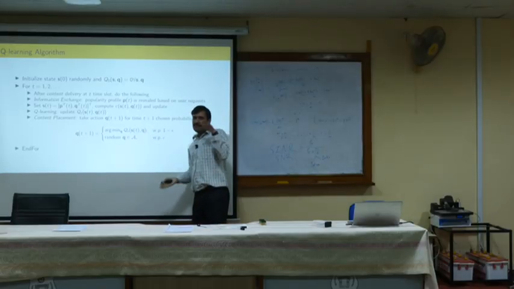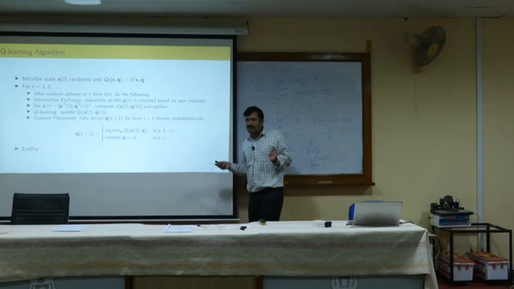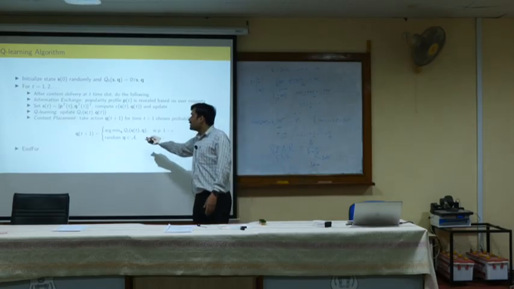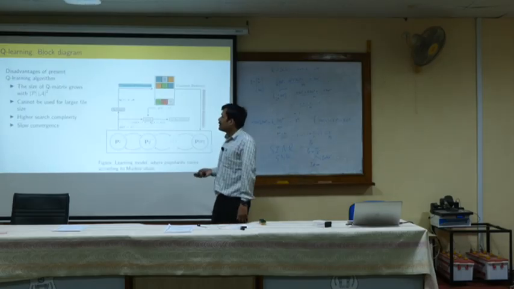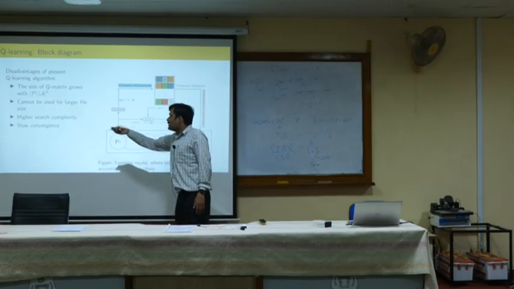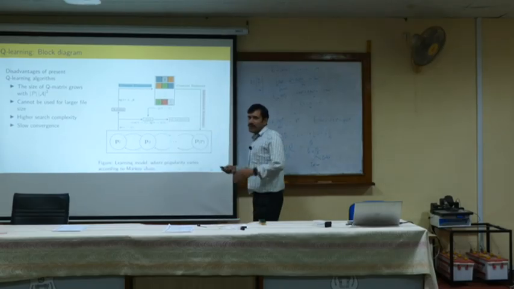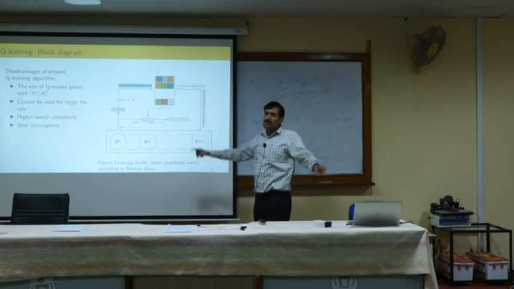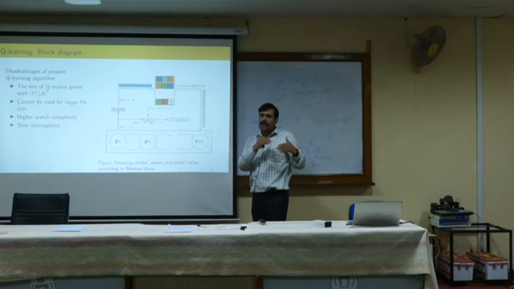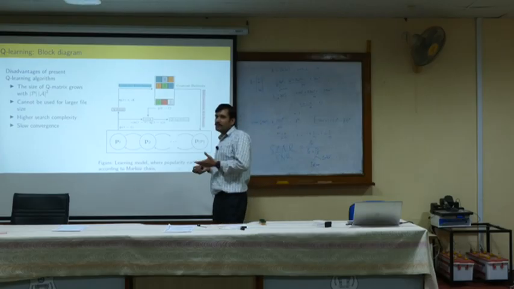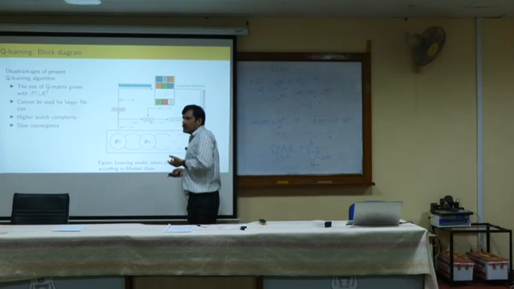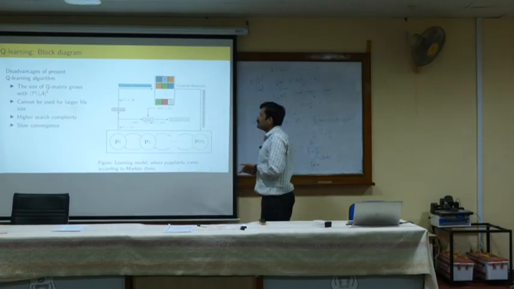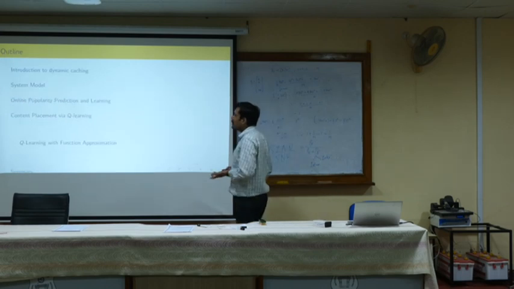If my file library is large, if we have a large number of actions, it will take longer to search. And there is slow convergence. If we have a larger matrix Q, we have to fill each and every value of the Q matrix, and it will take a very long time. So these are the disadvantages of conventional Q learning.